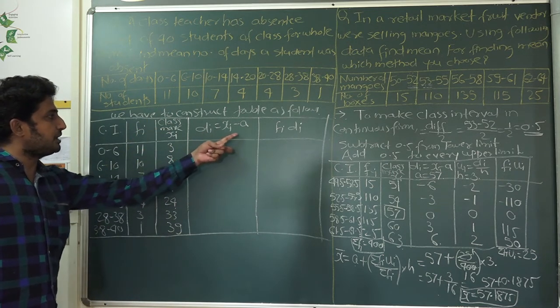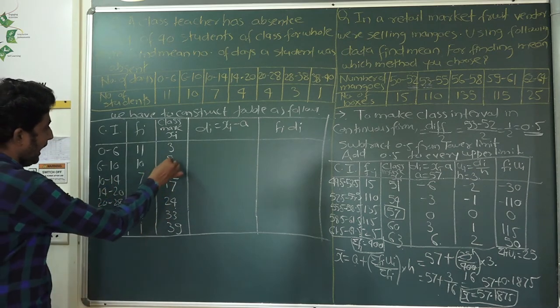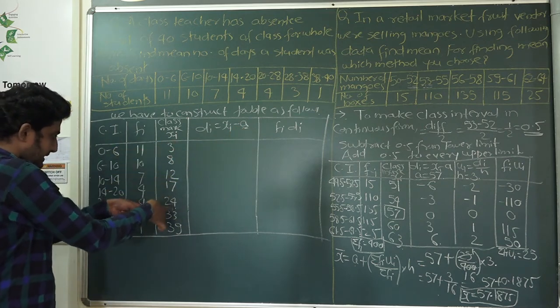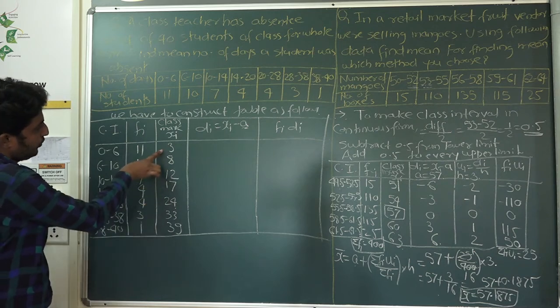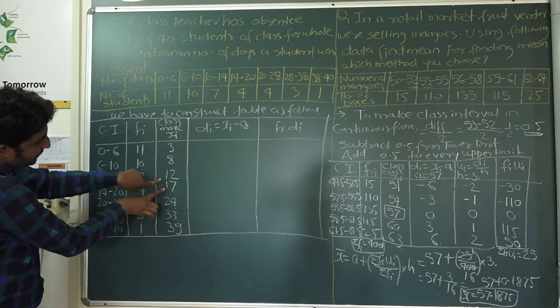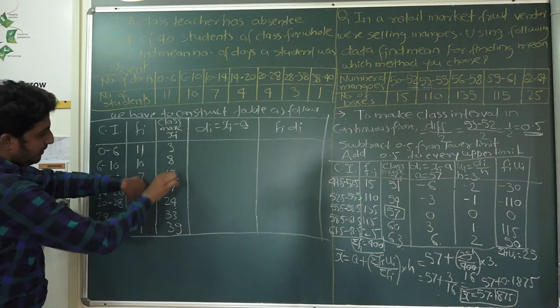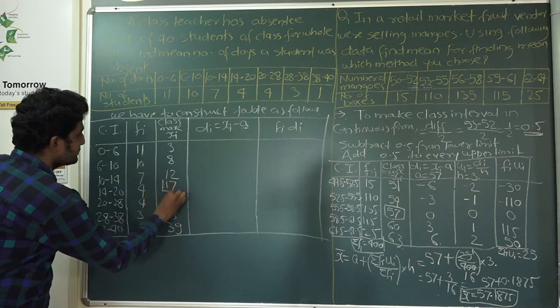Now the next column is xi minus a. You have to select a out of this xi column. Here you will find the fourth and fifth observations you may take as a, but out of these two observations we take the smaller value.